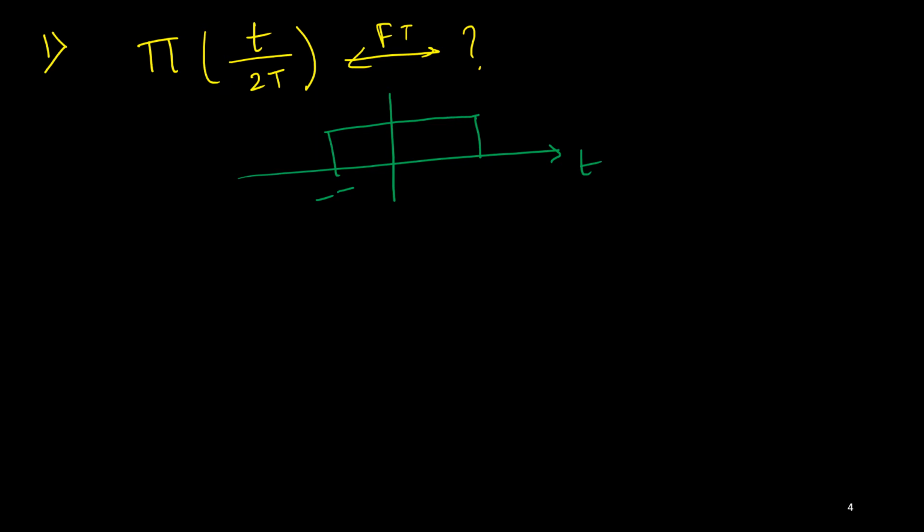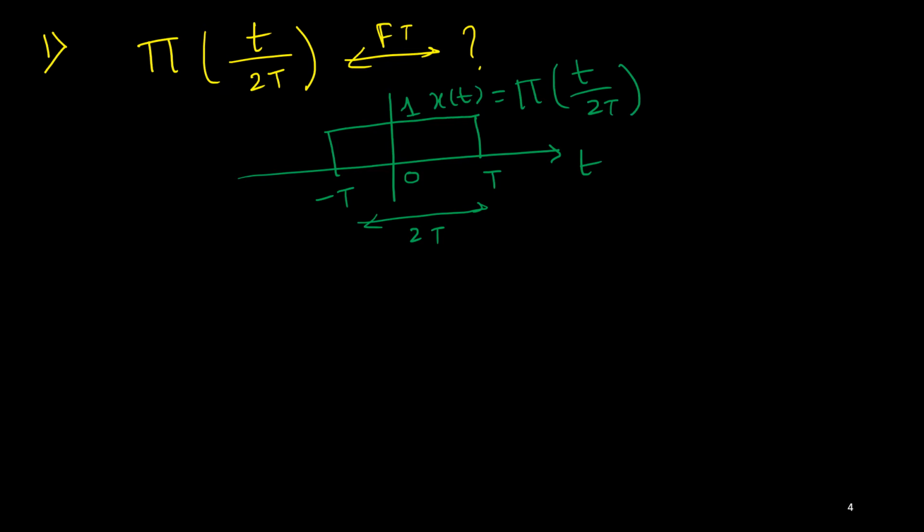This is minus capital T and plus capital T. So the total width is 2T, and it is centered at 0, and the amplitude is 1. This is your signal x(t), which is denoted by pi of t upon 2T.